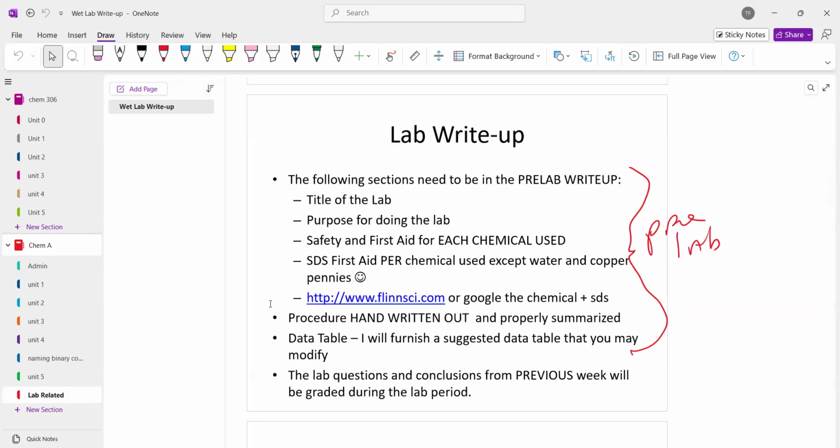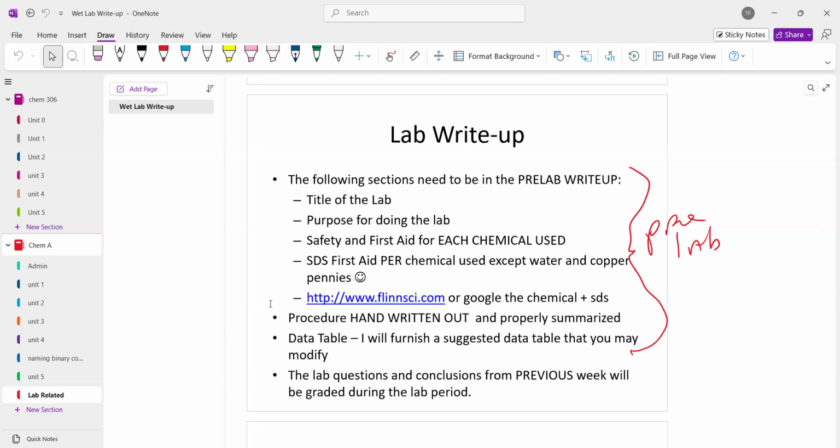It's table salt, so it's considered safe unless you take too much of it, particularly the sand. Don't eat the sand. And I'll show you how to get the SDS document for your chemical when we get to that part.